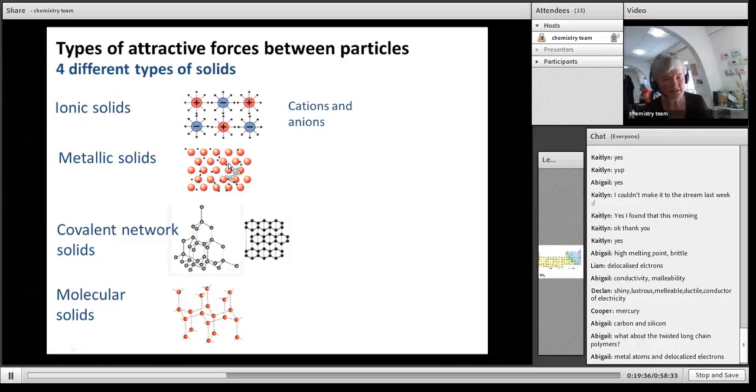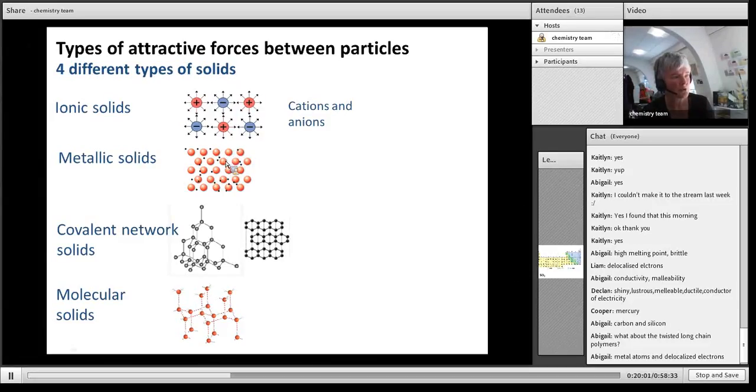So metal cation in metallic bonding is not a true cation like up here, but it's not a true atom as you would have in the covalent network. So as far as I know, metal atoms or metal cations or metal ions will be accepted. But then you've got to say the delocalized electrons with it, because that's the other attraction.